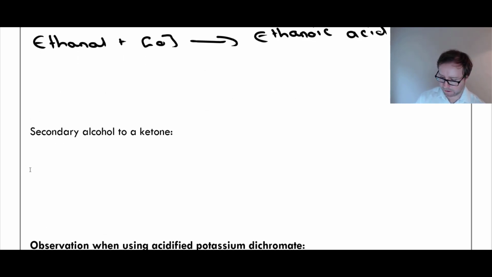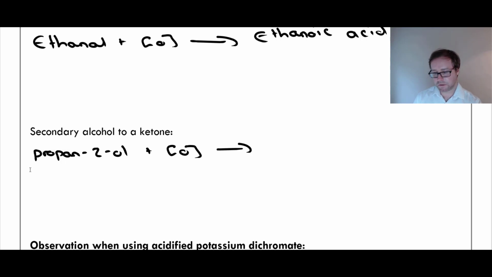And secondary alcohol to a ketone, so let's do propan-2-ol plus O goes to my ketone. I'll give you the name of the ketone, propanone, plus water.